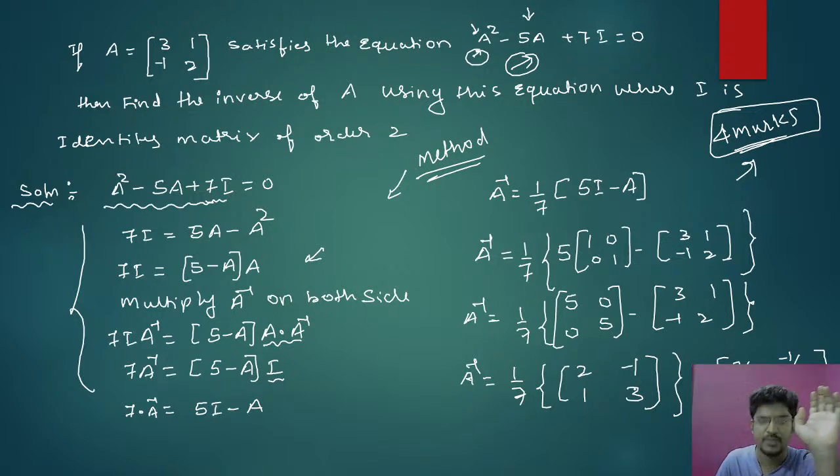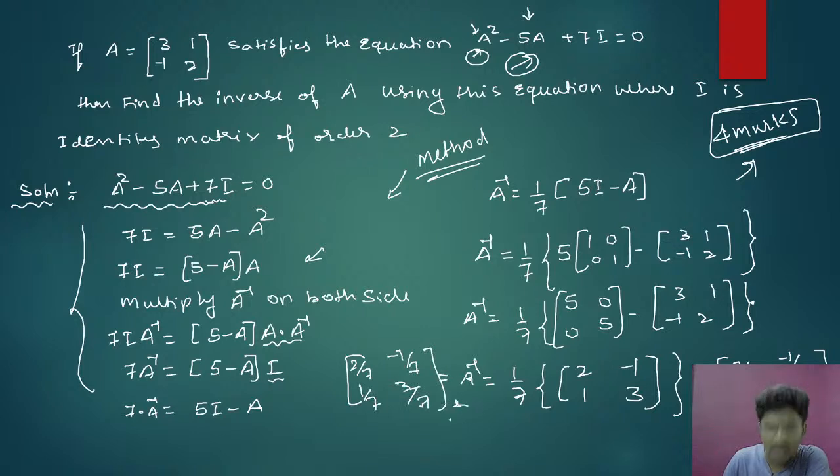That is not the way. Clear? You have to solve this equation and you have to prove here, that's all, okay. A inverse is equal to, you got the answer as 2 by 7, minus 1 by 7, 1 by 7 and 3 by 7. Clear? So this is your answer.